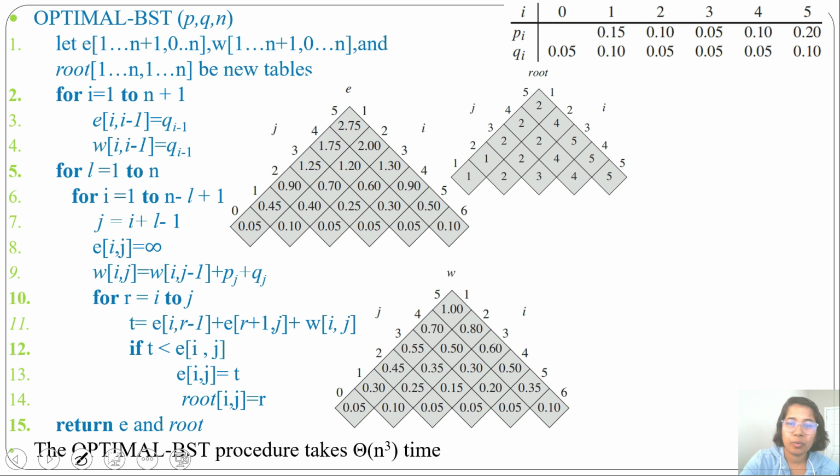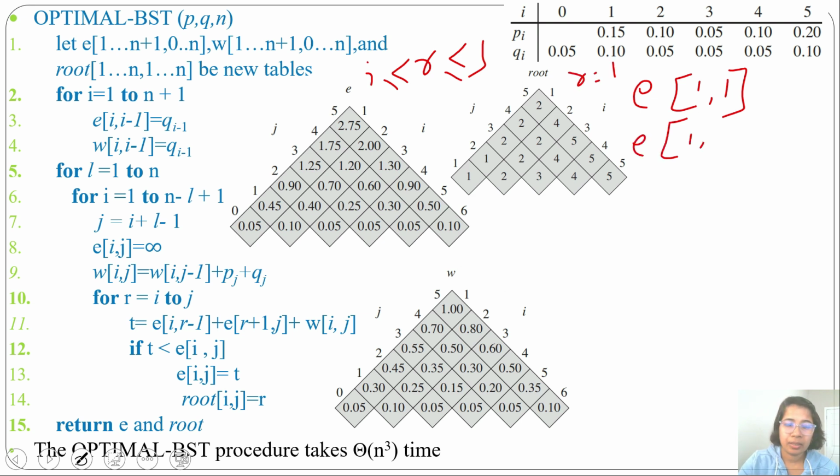Next, we will fill both tables E and root. How will we find E11? R is greater than or equal to I and less than or equal to J. So R can be 1. Now E[1,0], that is R minus 1, plus E[R+1, J], that is E[2,1], plus W11. W11 is 0.30.